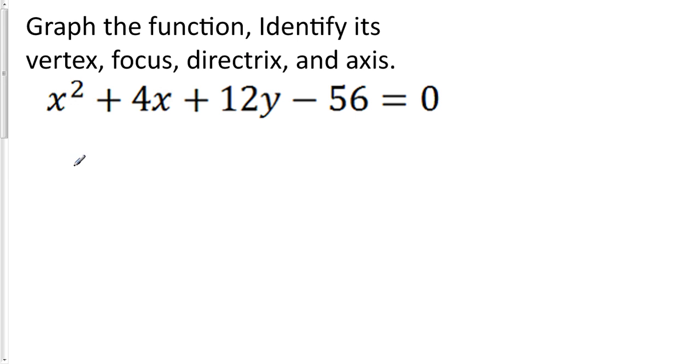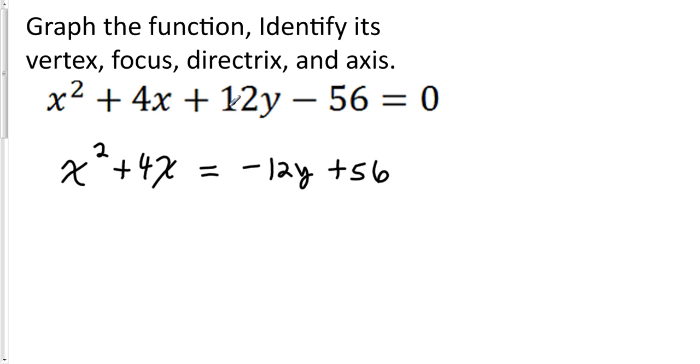So I move everything to the other side. I'm going to subtract 12y and add 56. I'll get x squared plus 4x is equal to negative 12y plus 56.